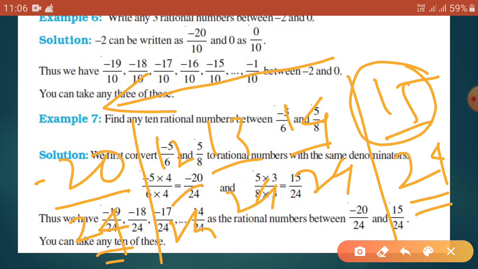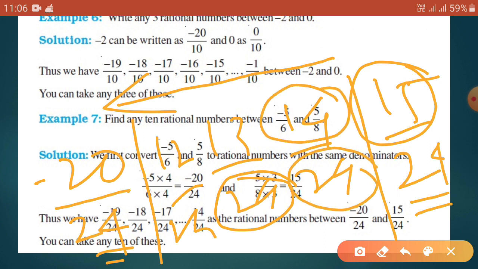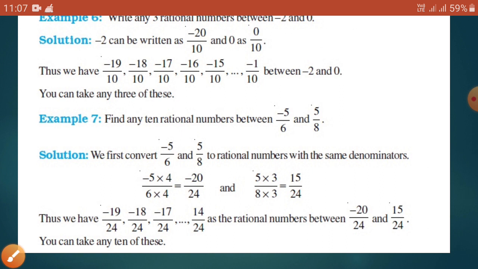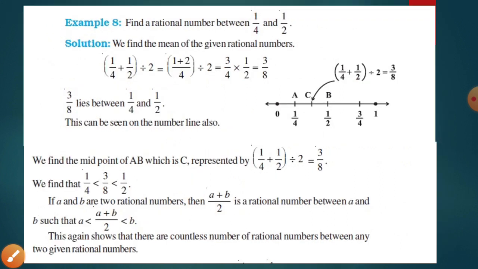So we have to write the numbers between 15 and minus 20, and divide all of them by 24. So we are getting the values 14 by 24, 13 by 24, 12 by 24, and so on. So you can write any 10 rational numbers between minus 5 by 6 and 5 by 8. Okay, thank you. Go to the next slide.